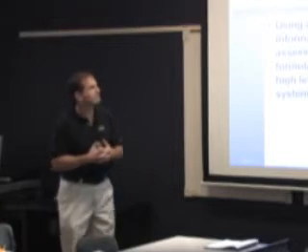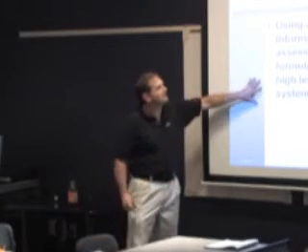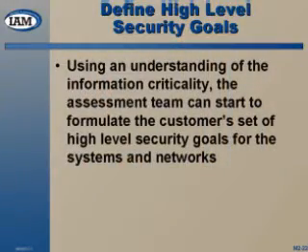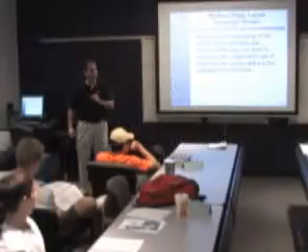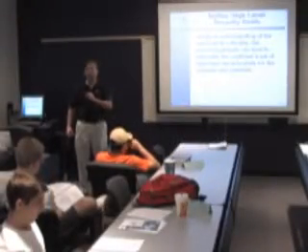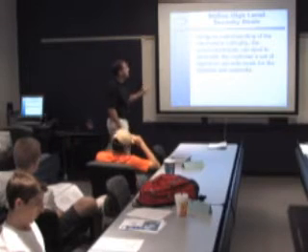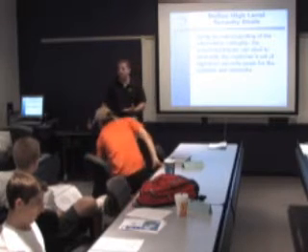But first, we want to make sure that we have an understanding of the customer's security goals, if they have any yet. Part of what we have to do with the customer is spend some time understanding where they need to be from a security perspective. What are their security objectives and goals? Part of that's going to come from the information that you get from talking with them.